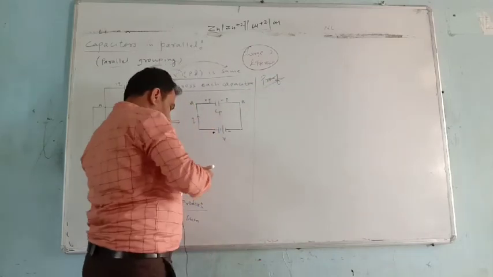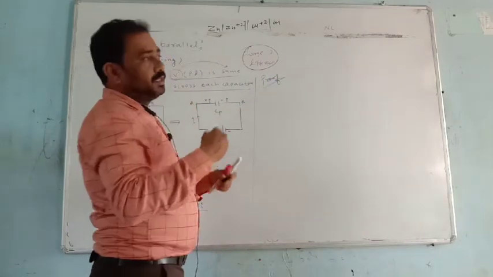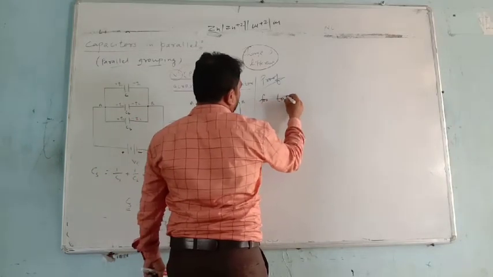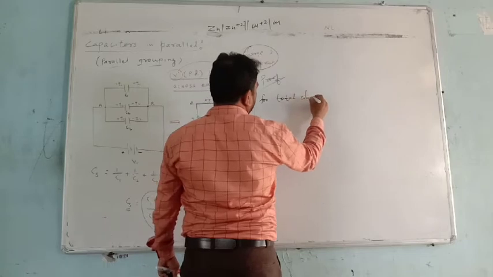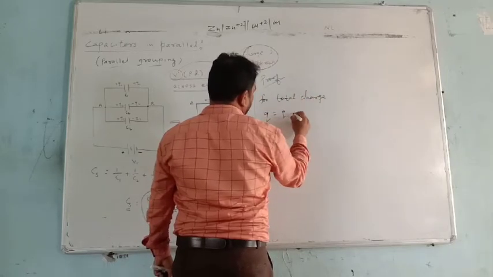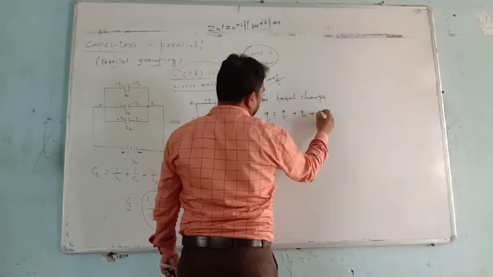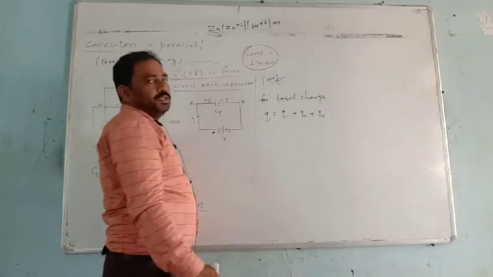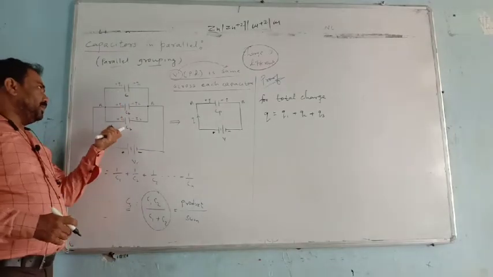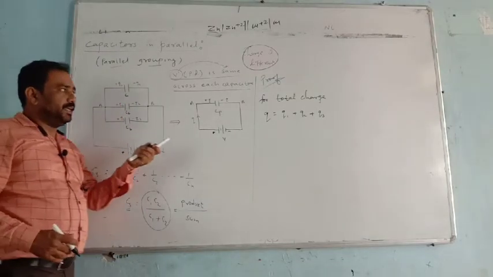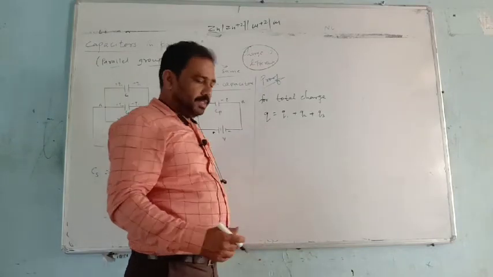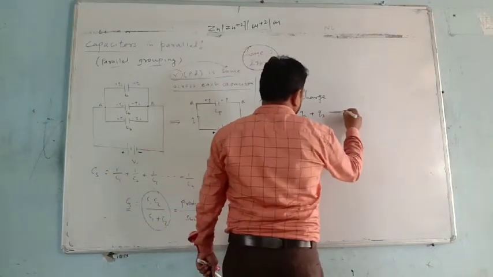For total charge Q, the addition of Q1 plus Q2 plus Q3. If we add Q1, Q2 and Q3, then we get the total charge. So we can write Q is equal to Q1 plus Q2 plus Q3, that is equation number 1.